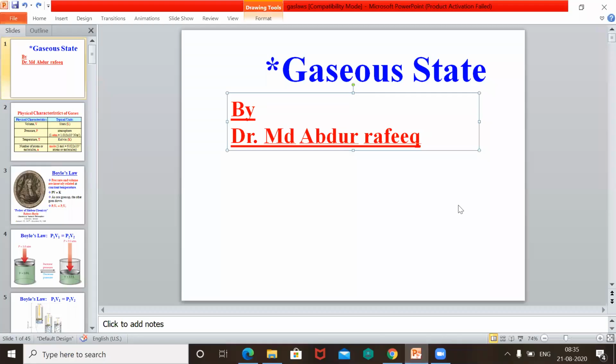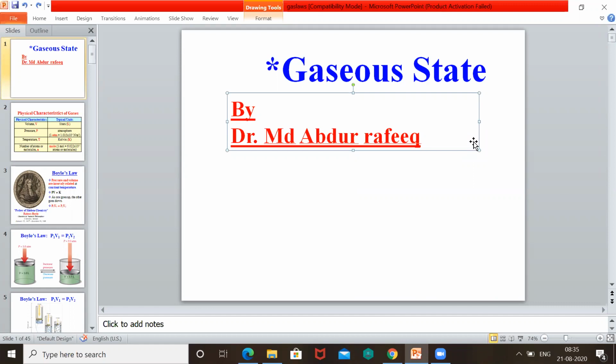Today we will be seeing the gaseous state. We know matter exists in three states: liquids, solids, and gases.